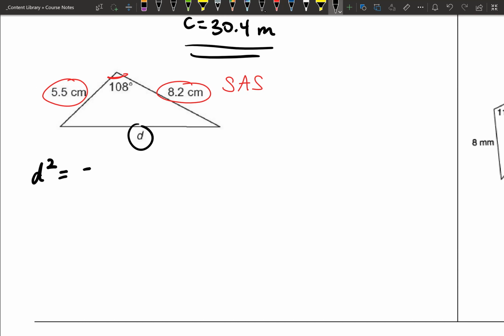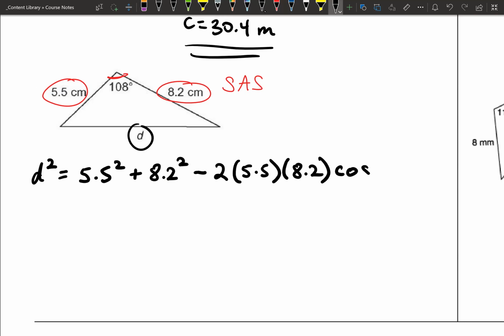So I'd start with the first side squared, 5.5 squared, add the 8.2 squared, and subtract 2 times each of those side lengths, 5.5 times 8.2 times the cosine of the angle between, 108, okay? Now, if that's hard to see, then you can go back and relabel your triangle ABC and then follow the formulas then, okay?